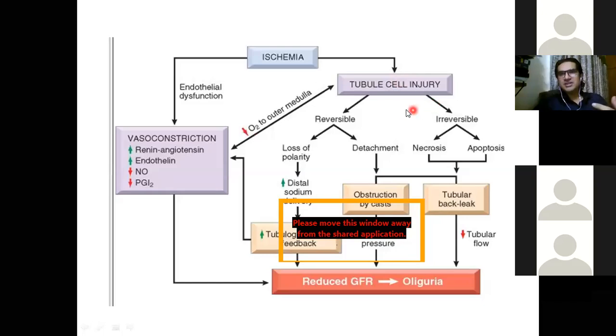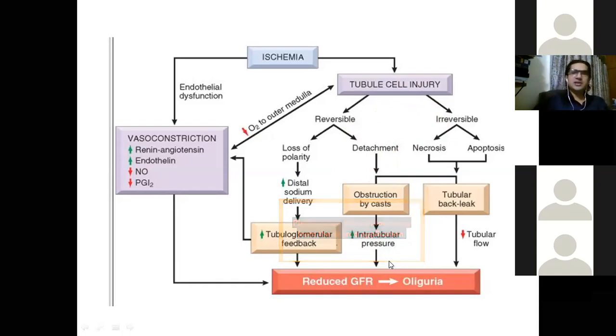The tubular epithelial cells would be damaged, they would be necrosed, and they are shed into the lumen, right? And then in the lumen, they form the cast. The cast obstructs the lumen, it causes back pressure, and ultimately this leads to decreased GFR, and ultimately it leads to oliguria, right? In nephrotoxic type of acute tubular necrosis or acute tubular injury, the same thing occurs.